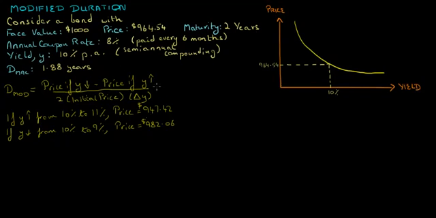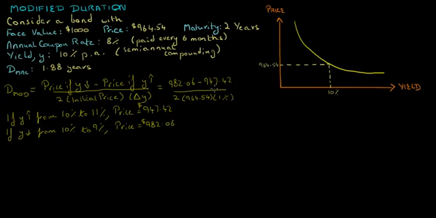So in this example, modified duration equals the price of the bond if yield were to go down by 1% minus the price of the bond if yield were to go up by 1% divided by 2 times the initial price of $964.54 times the change in yield of 1%.